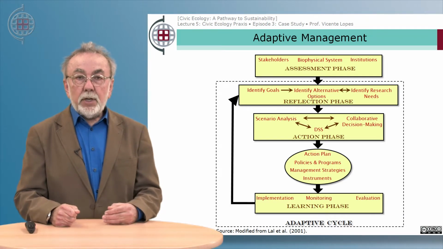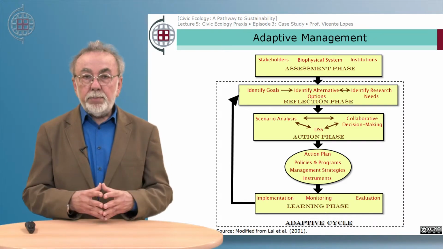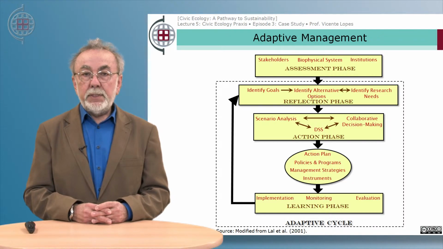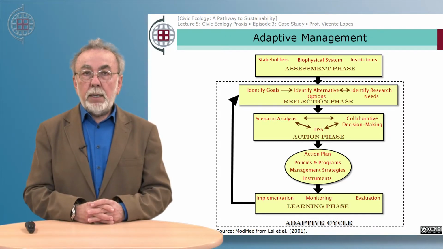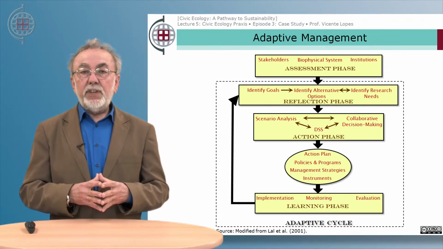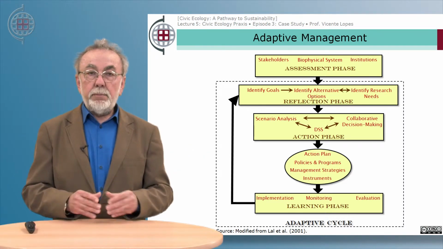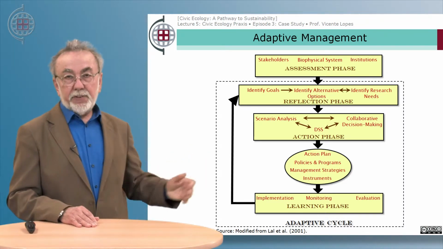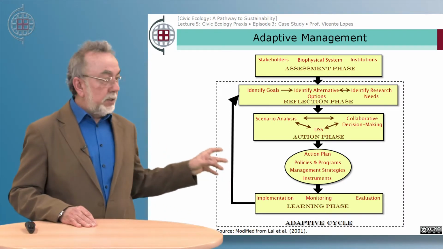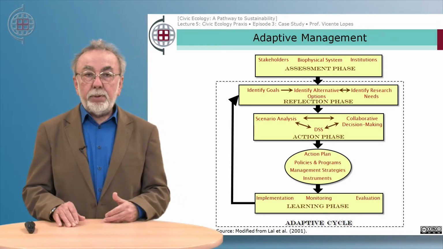So the outcomes of the action phase were an action plan, policies and programs to be implemented, management strategies, as well as instruments to assure the success of the project. Once that action phase was completed, we moved to the last phase, which is a very important phase, the learning phase. In the learning phase, there are 3 important activities involved. One is to start with the implementation of the plan.